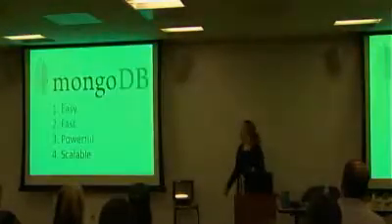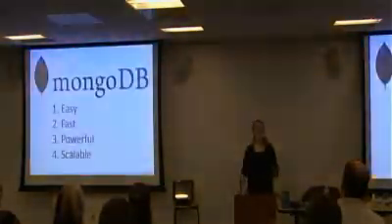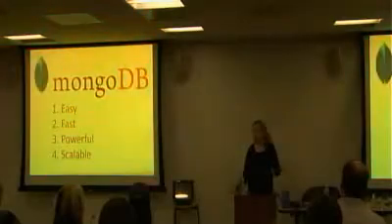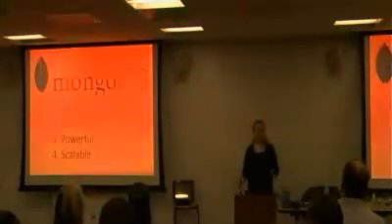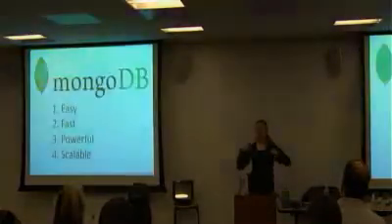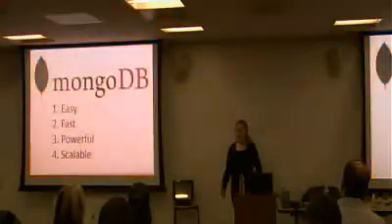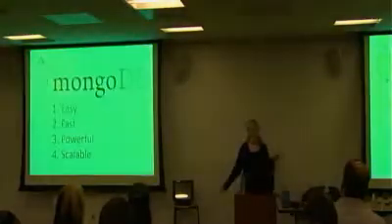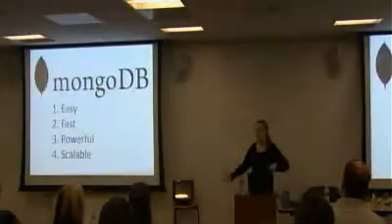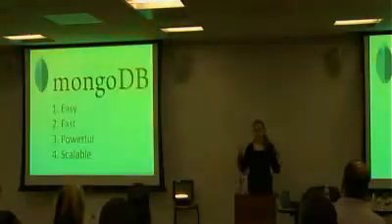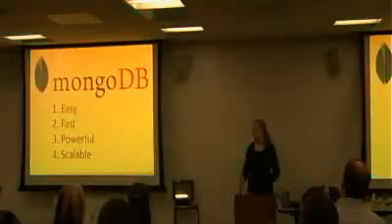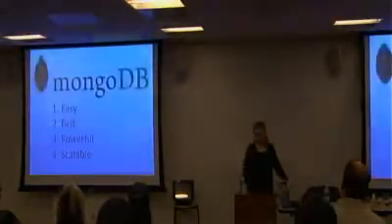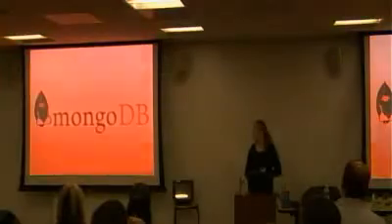We decided to try to make it almost as fast as memcached, but persistent. And we tried to keep the power of relational databases, because you guys have all these awesome features. You can generate reports, do these interesting queries on the fly. You have query optimizers and all sorts of cool stuff. So we tried to keep all the cool features, make it really fast, make it easy to use, and we tried to make it easy to scale too. So MongoDB is easy.